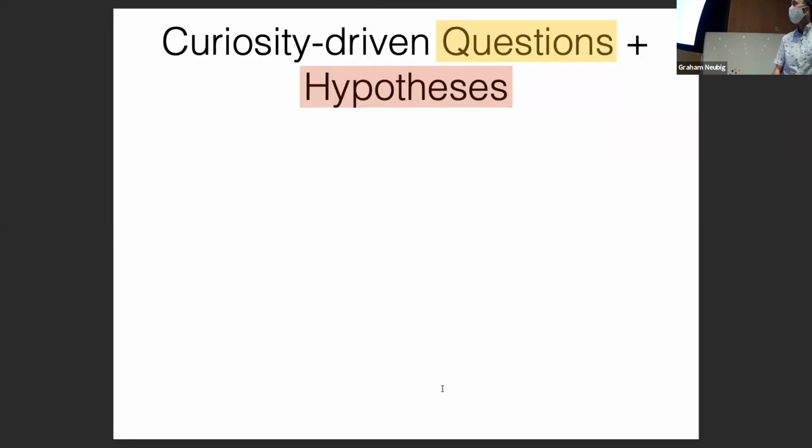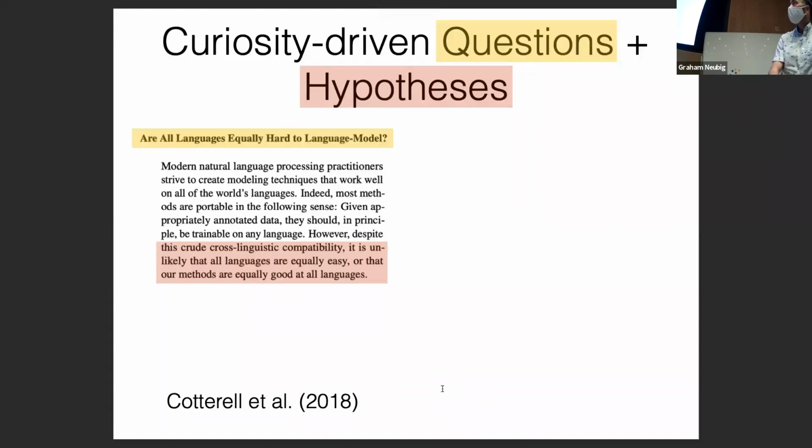So here are a few examples of curiosity-driven questions and hypotheses. The one that I mentioned before: are all languages equally hard to language model? The hypothesis that they had with respect to this was that, quote unquote, universal language modeling techniques actually aren't universal, and some languages actually are harder to model than other languages.